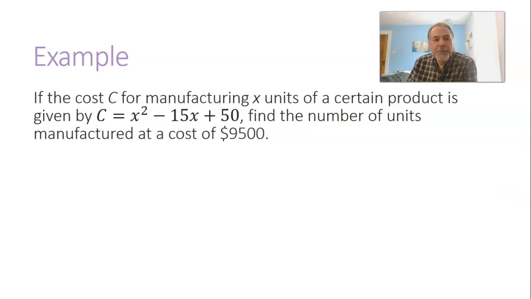One last example. If the cost C for manufacturing x units of a certain product is given by C equals x squared minus 15x plus 50, find the number of units, that's the x, manufactured at a cost of $9,500. So if we put $9,500 in for C, then we're supposed to figure out what x has to be.